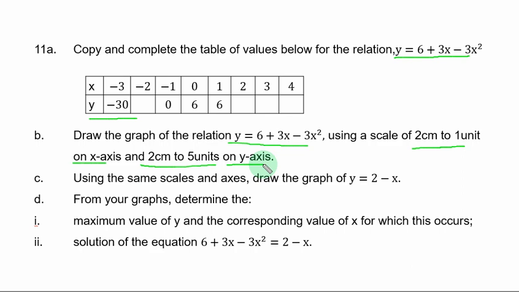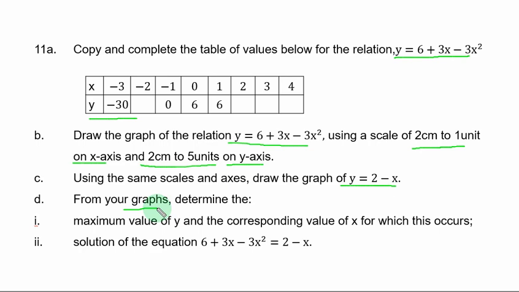Using the same scales and axes, draw the graph of y equal to 2 minus s. So we have two in one, a cubic graph and a linear graph on the same axes. From your graphs, determine, Roman figure 1, the maximum value of y and the corresponding value of s for which this occurs.